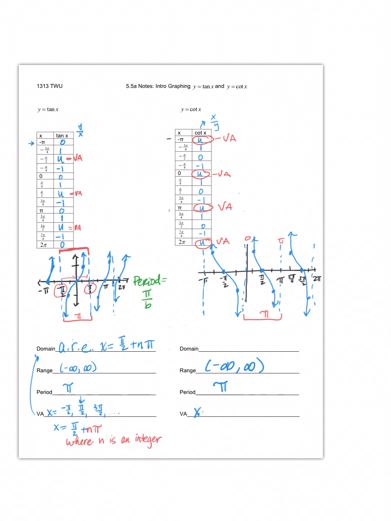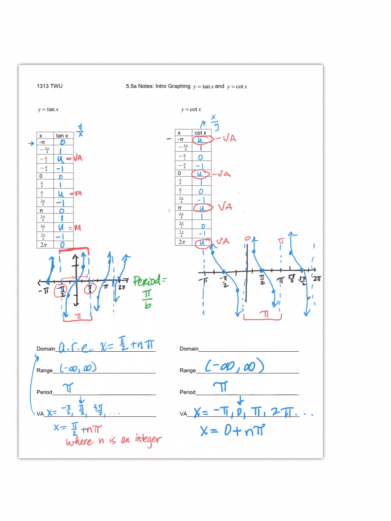Now the vertical asymptotes, notice the vertical asymptotes here, we had negative pi, 0, positive pi, 2 pi, right? Well, we could keep on going forever and ever. So if we put this in shorthand, you could start at 0, so we could say 0 plus, what's our period? It's pi, and we would need n pi's.